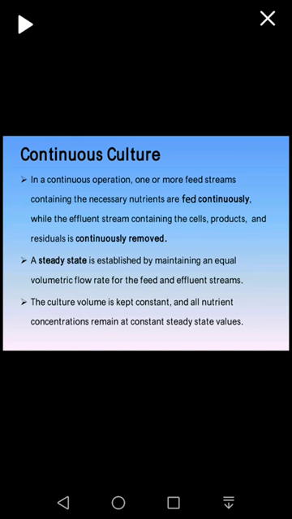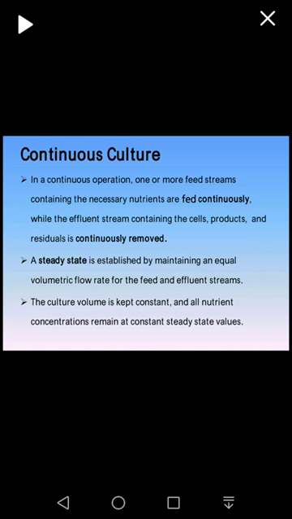So in a continuous culture, you are adding the food time by time, as well as you are removing the products and other cell debris time by time. So it means that you are not stopping the addition of the medium, as well as you are not stopping the removal of the product during the course of the process.